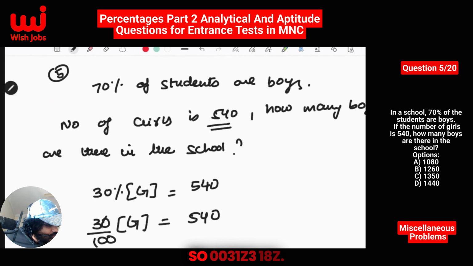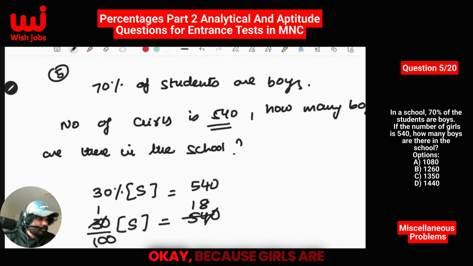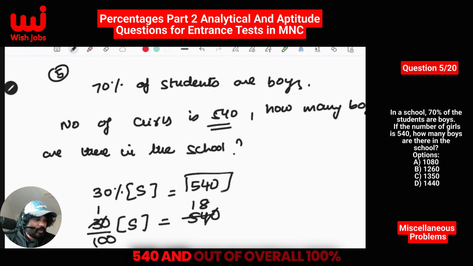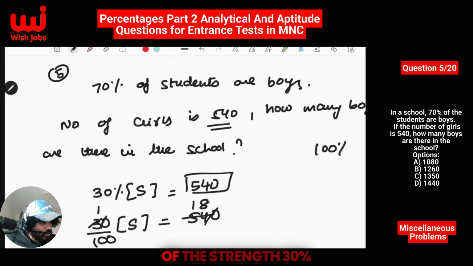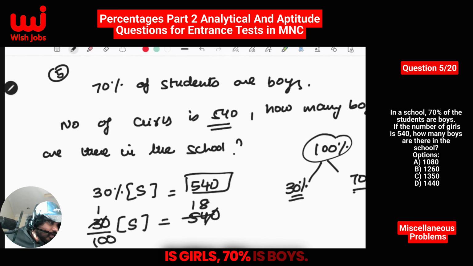Because girls are 540 and out of overall 100% of the strength, 30% is girls, 70% is boys.